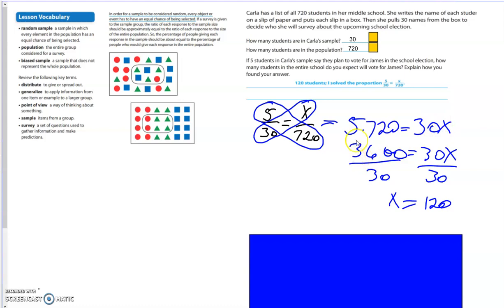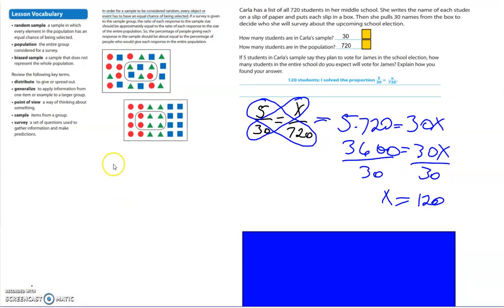So 5 times 720 is 3600, which equals 30x. Divide both sides by 30 to get x by itself. We end up with x equals 120. So that means out of the 720, James is only going to get 120 votes. So if everybody votes, I don't think he's going to win.